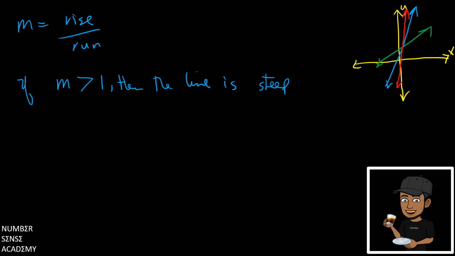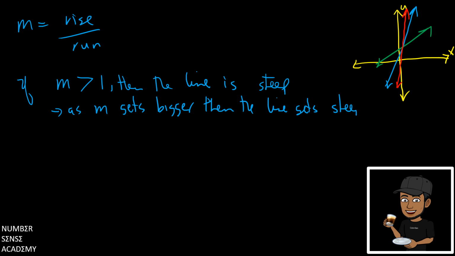So we could also add to it that as m gets bigger or larger, then the line gets steeper. Now we have to think of this from another angle as well. So this is for lines that are going up to the right. So this is for positive lines. So true for positive slope.